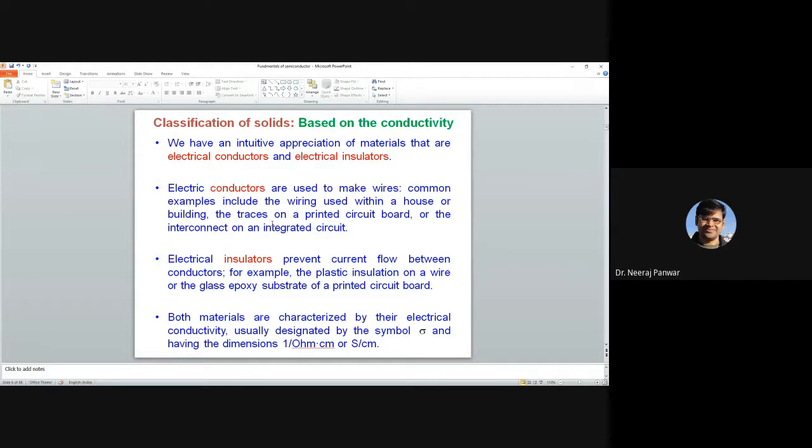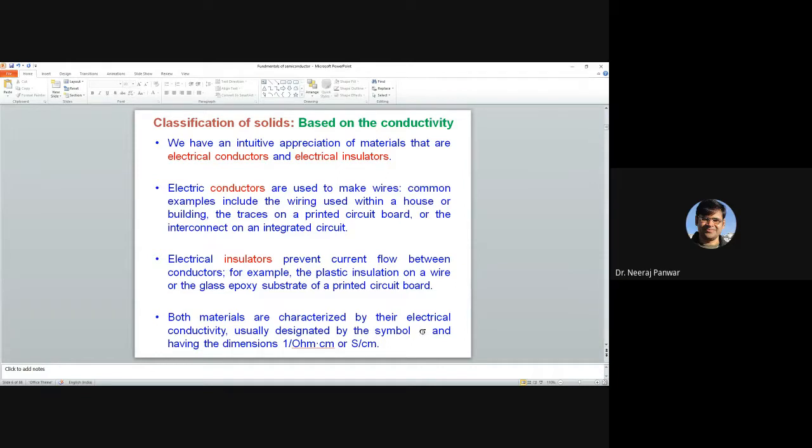So if we want to transport electric current from one place to the other place, then we use conductors, and in order to prevent electric shock from the current flow in conductors, we wrap the conducting wires by insulators. So now the unit of conductivity.